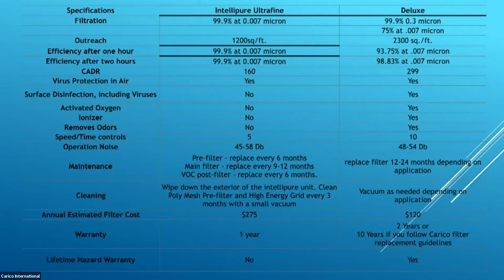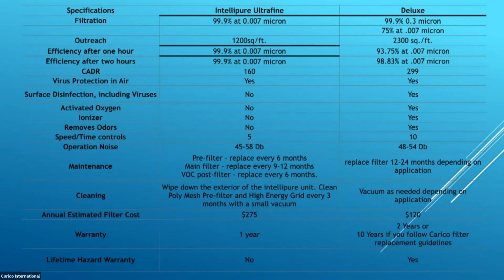Remember, it's the activated carbon or the GMX filter combined with our activated oxygen that's effective at attacking odors. Now, they have 5 speed settings, we have 10. That could matter to somebody because it helps you control the sound level that you want the unit or the demand or what you need the unit to do at that given time.